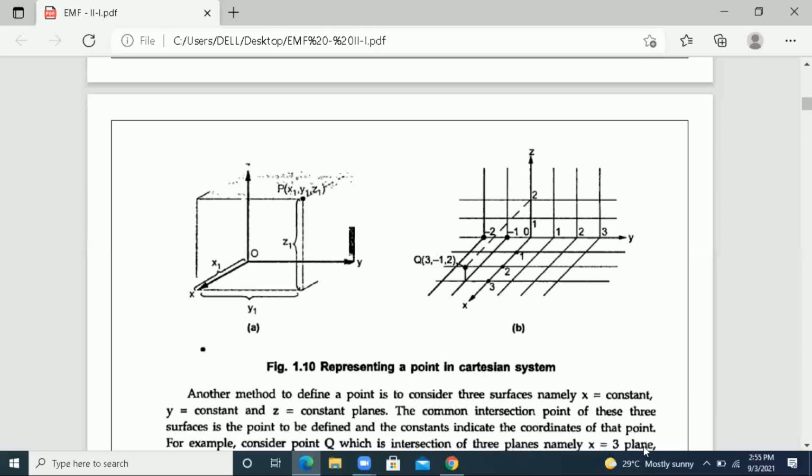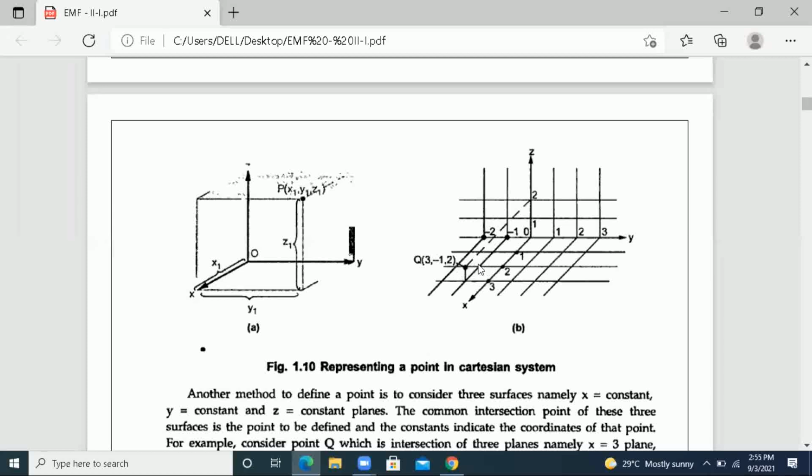The x equal 3 plane is here. That means that plane lies in the y, z. The y equal -1 plane is here.